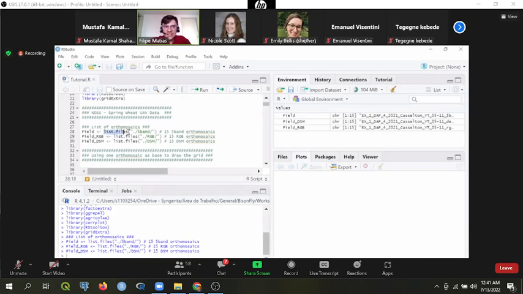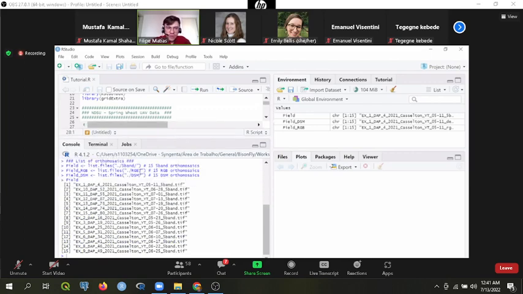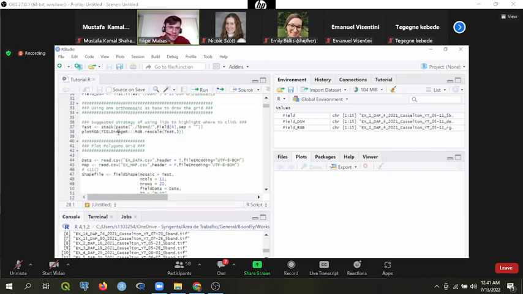This list files function has the ability to check in one specific folder all the names, all the files that are inside. As you can see, we have all our orthomosaics here.